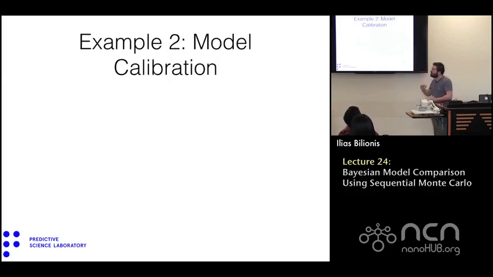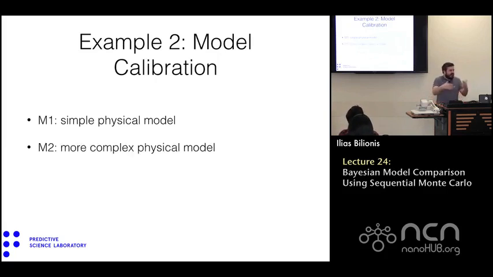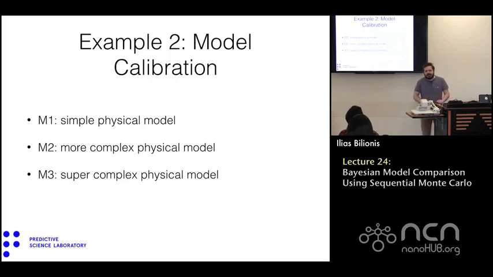Another thing, model calibration. Imagine that you have a simple physical model, and then you have another more complex physical model that has more details. And then you can have a super complex physical model that has all the details. Here, of course, the more complex the model you try to use, the more assumptions you're making, so that's why complexity is increasing.